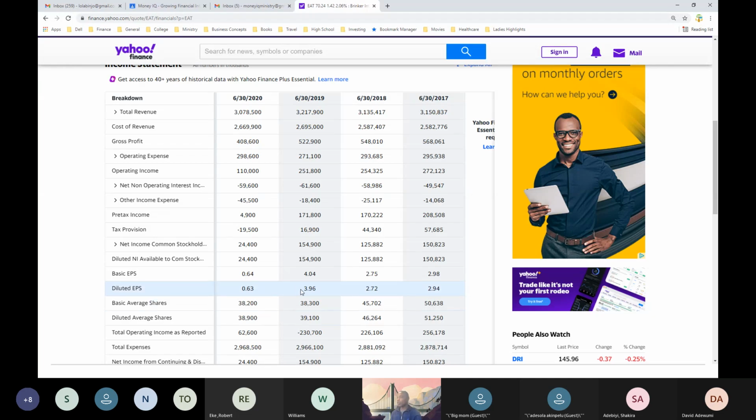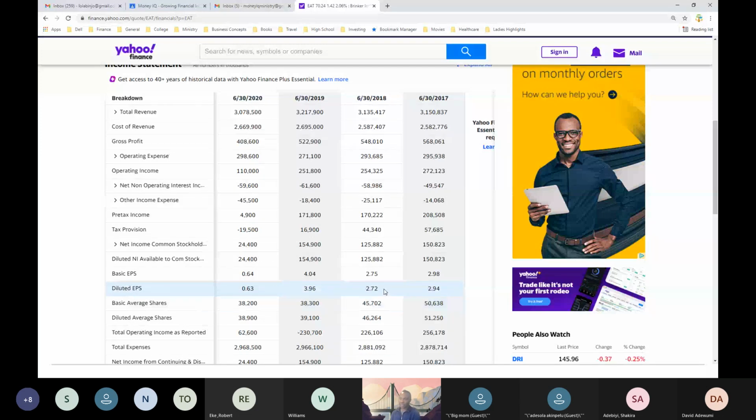And then last year, they made almost $4, about $1.30 more. And then in 2020, they made less than $1. So if you just base your calculation on these, they might seem to have an exorbitantly high PE ratio, and you're comparing with another company. So it can throw off your decision making.